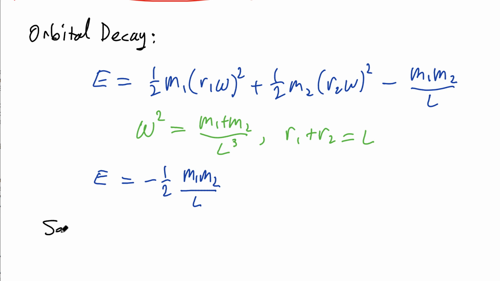And now let's set the rate of change of the energy of the system equal to the rate at which gravitational wave energy is produced. That's minus the gravitational wave luminosity.